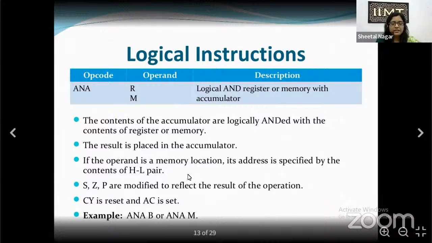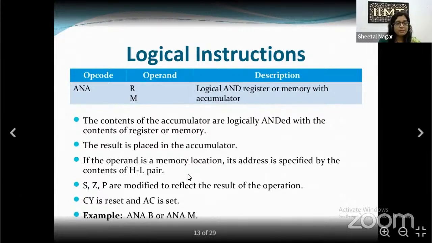For example, we can take any general purpose register. In this case, we have taken ANA B. This means the contents of register B and the contents of the accumulator will be logically ANDed, and the result will be saved in the accumulator.